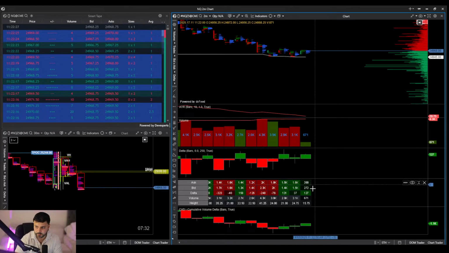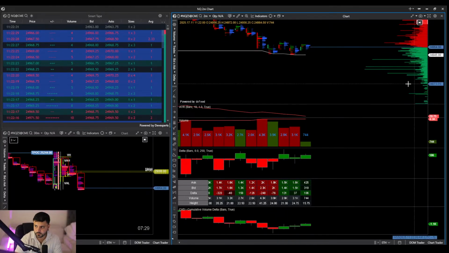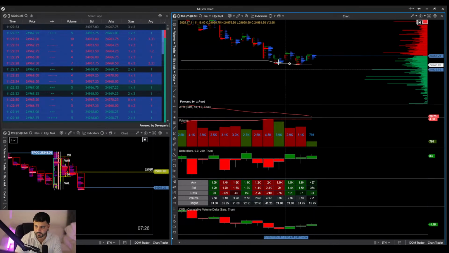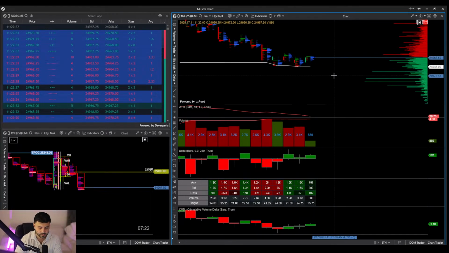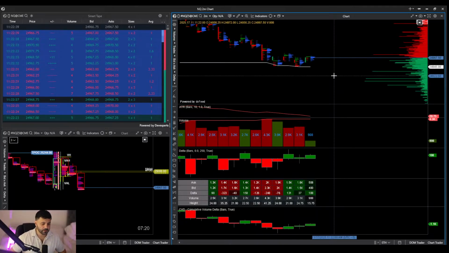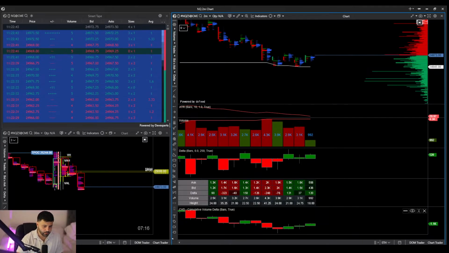A lot of delta coming in, positive delta. This is not a very aggressive shorting here. Key level as well. So yeah, let's see. Let's see what happens here.